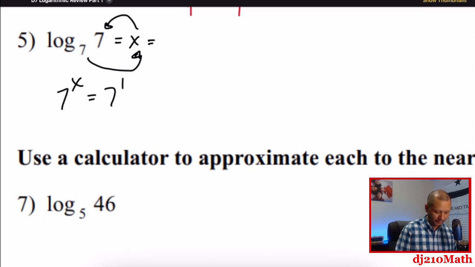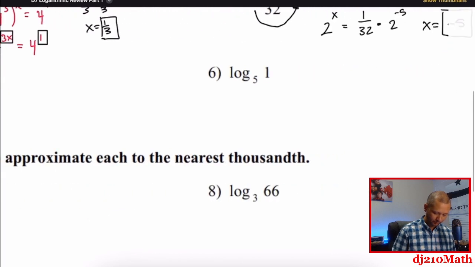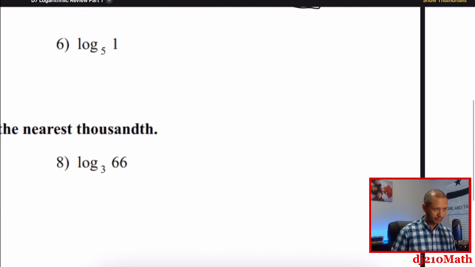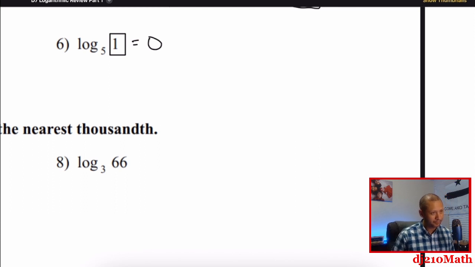So the property tells us that when the base and the argument match, the answer is 1. Even better, when the argument is 1, this is equal to 0. So the log of 1, in any base, is going to be 0.